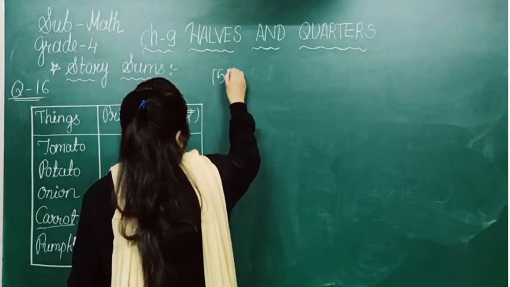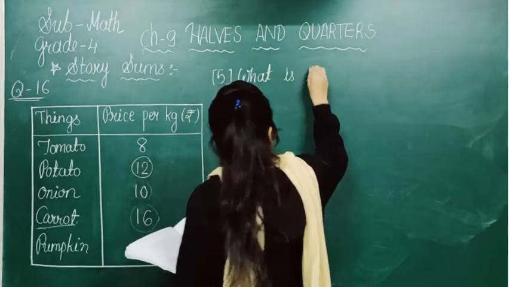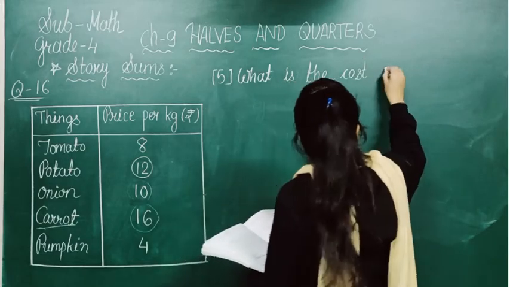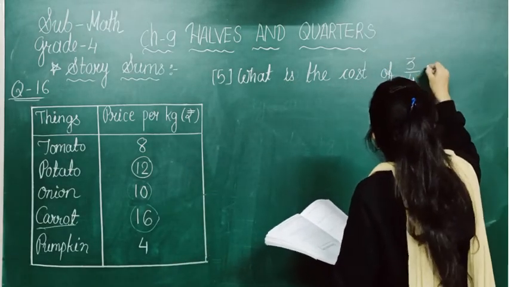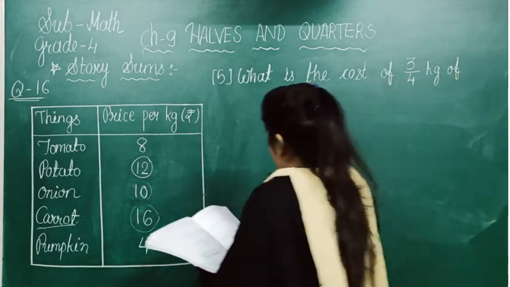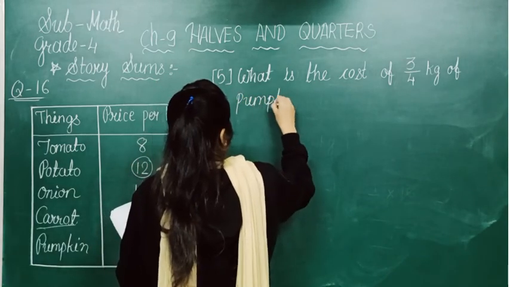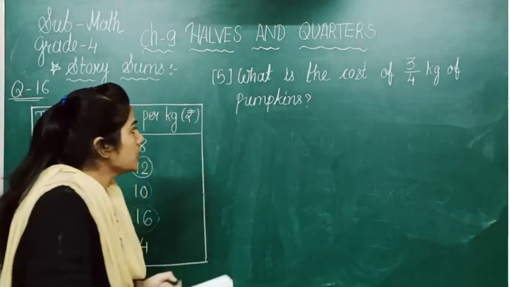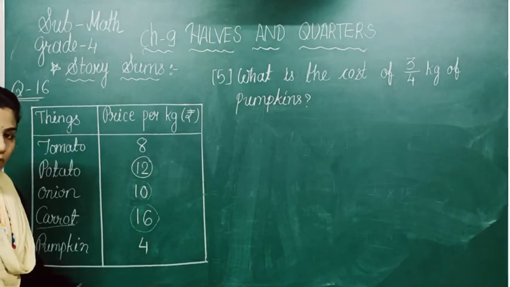Now your question number 5 is, what is the price of 3/4 kg of pumpkins? What is the cost of 3/4 kg of pumpkin? You can observe here, the pumpkin price is given per kg ₹4, right?